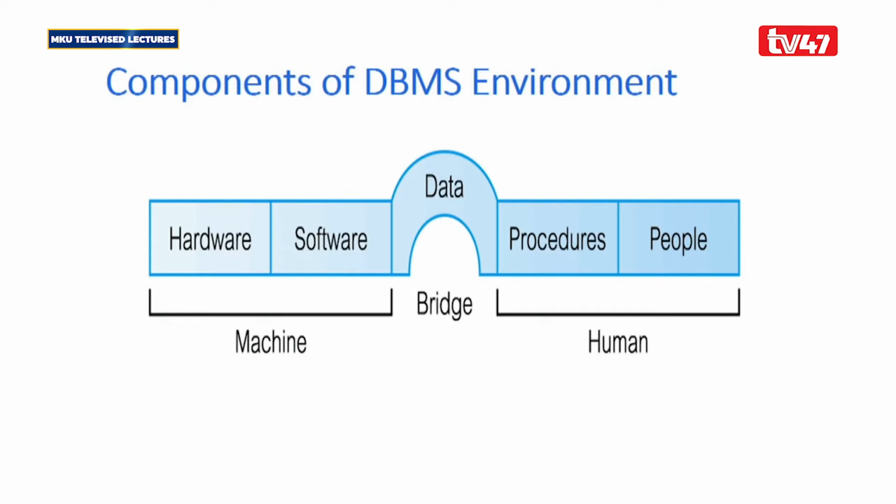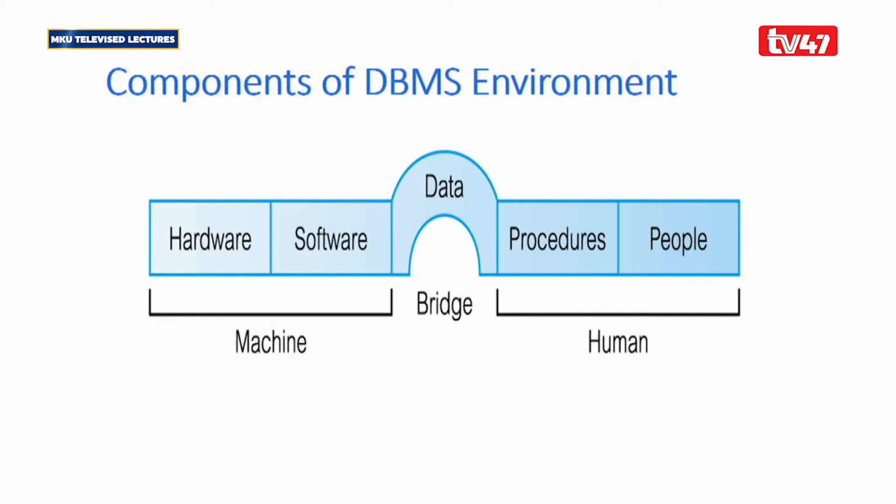When we talk of hardware, we are talking about the physical machine, the physical parts of the computer: the machine itself and all the components attached to it, the hard disk, the keyboard, the mouse, the screen or monitor, printers available, and so on.